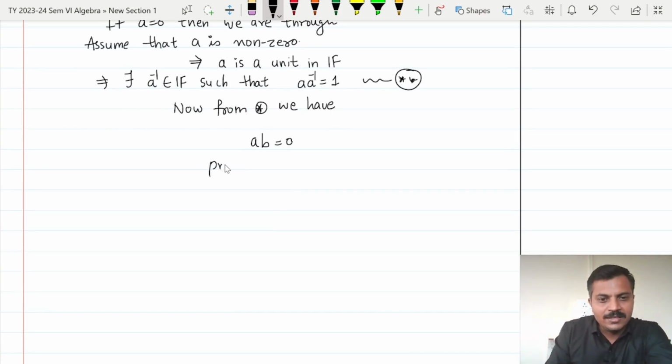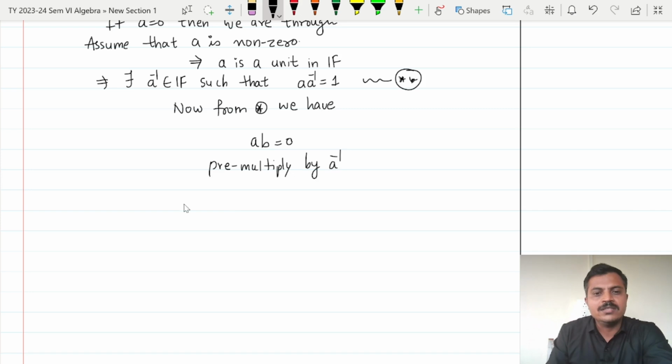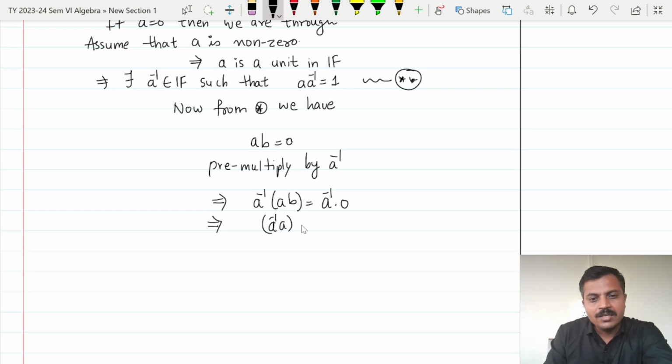Pre-multiplying by A inverse implies A inverse into AB will be equal to A inverse into 0, which further implies, using the associative property in a ring, A inverse A into B is equal to 0.